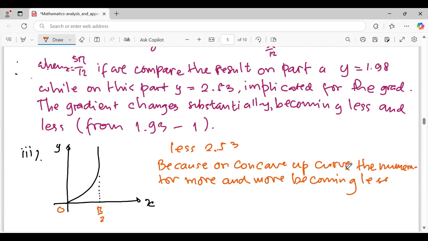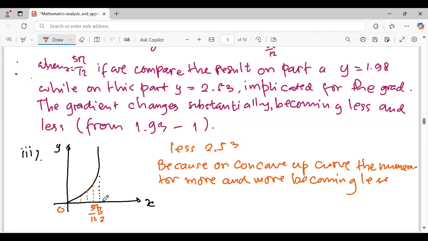So the gradient will be different if you compare with the approximation when x equals 5 pi over 12, or only here, the position as well, 4 pi over 12 here, and then 3 pi over 12 around here.